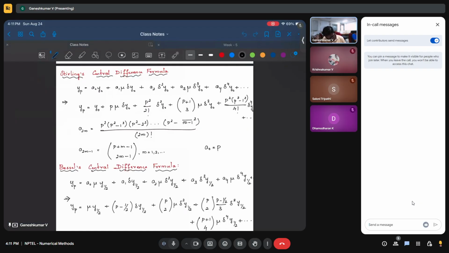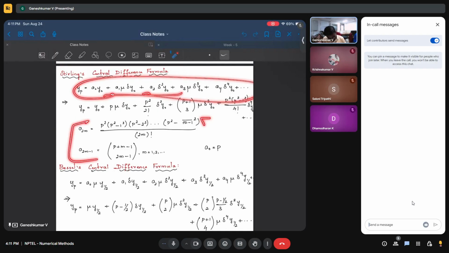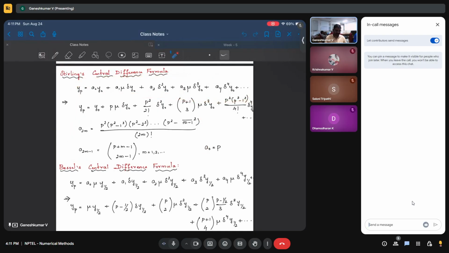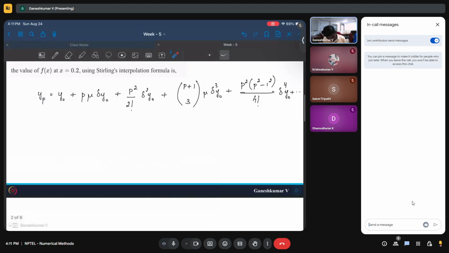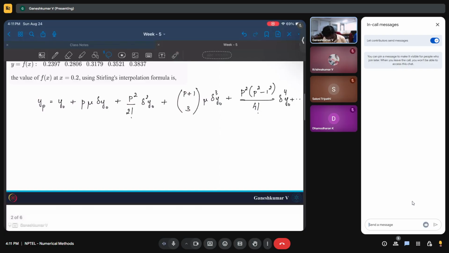If you want to express it in general terms, you can write it in this manner. Here I'm just going to write it explicitly so that it's easy to understand.